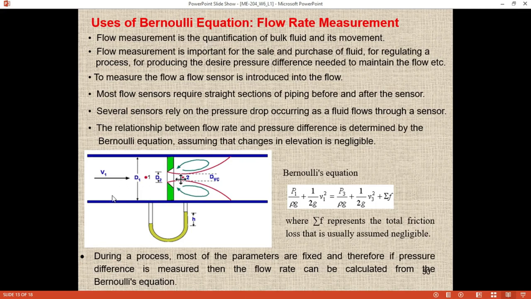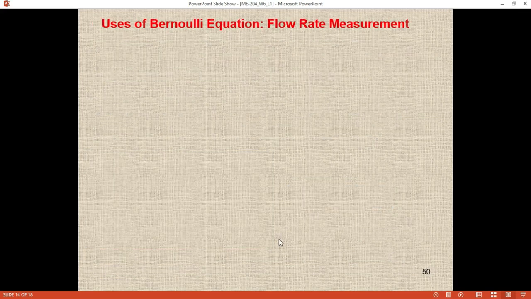In the equation you have two things, the pressure difference and the velocity. If you are able to find the pressure difference, you are able to find the velocity. If you find the velocity, you can easily calculate the flow rate by using the equation Q equals VA. Let's go to the next slide.